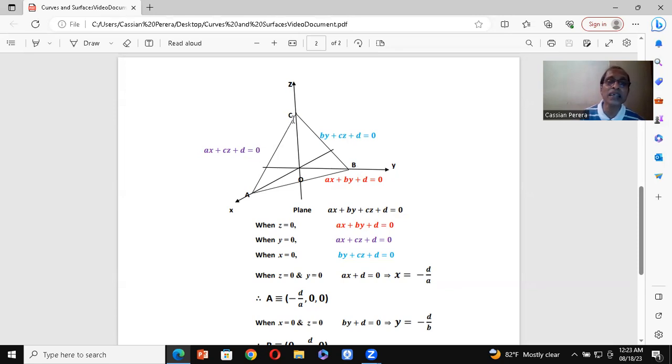And we can get another surface, ax plus cz plus d is equal to 0, which is parallel to the y axis, because there is no y component here. Therefore, this is the additional part of this knowledge of planes.